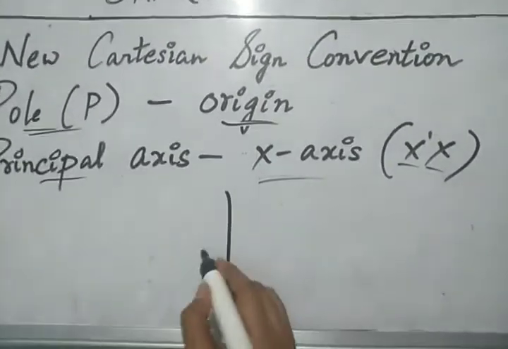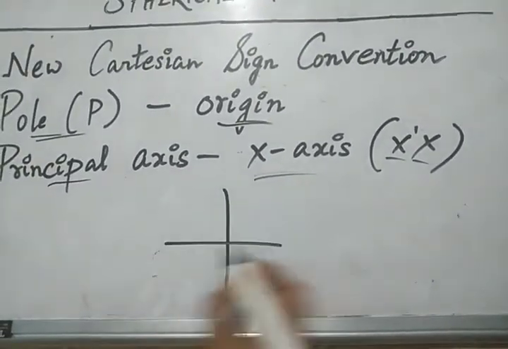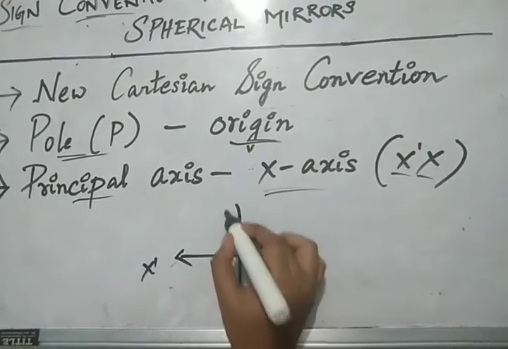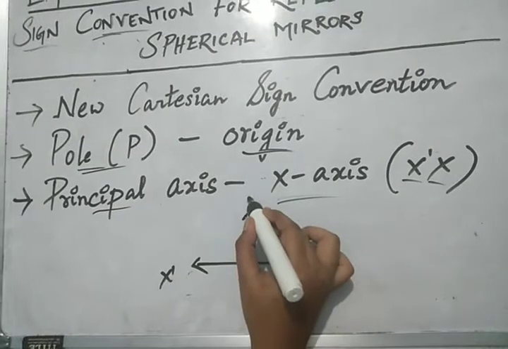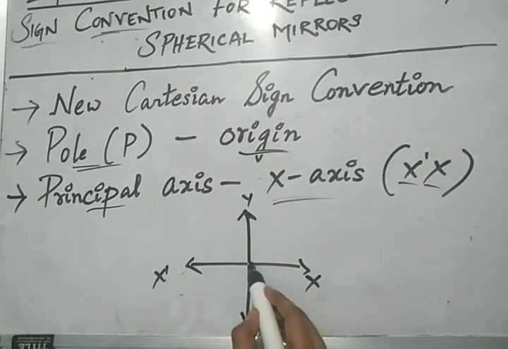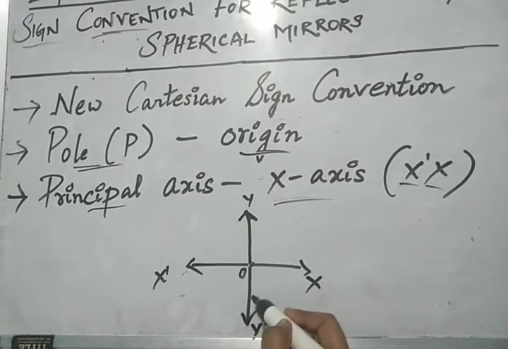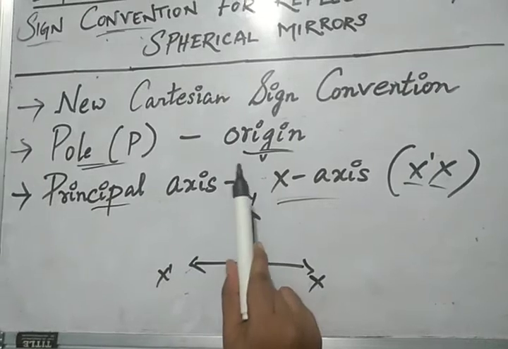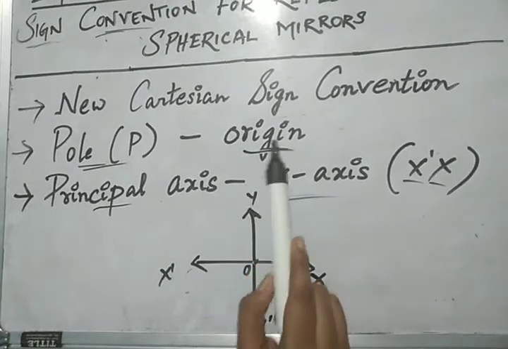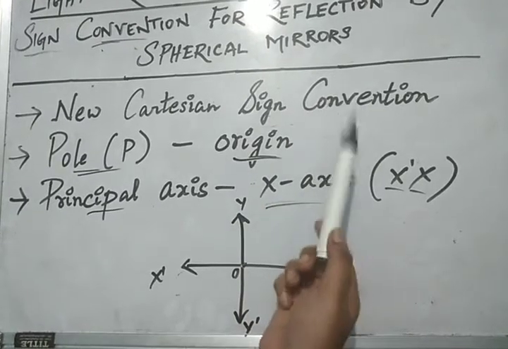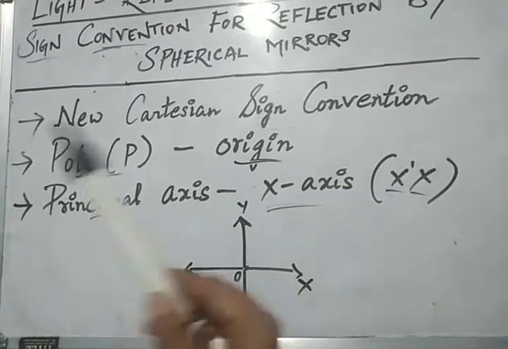This is your graph. Here you take the x-axis, x'x, and here is your y-axis, y'y. Then this point is your origin. This is how we'll be following some kind of sign convention in physics also. In reflection by spherical mirrors, even here we have some set of sign conventions.